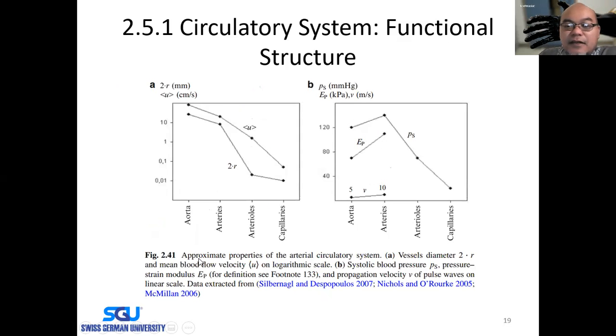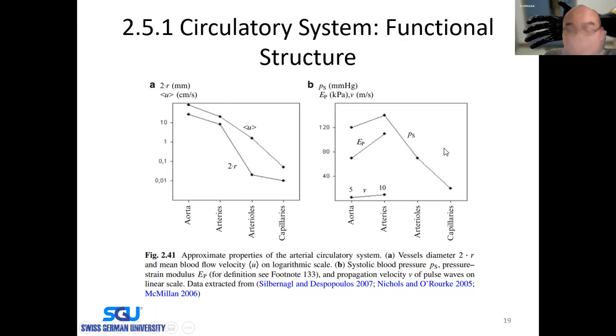From here, we can approximate properties of the arterial circulatory system: the aorta, arterioles, and the capillaries, the vessel diameters 2R and the mean blood flow velocity. When the blood reaches the capillaries, the mean blood flow is already very small, because the diameter is also small, so the blood velocity also decreases.